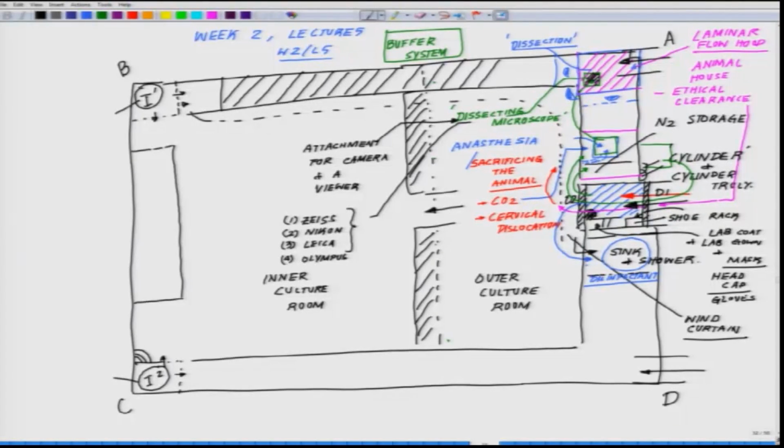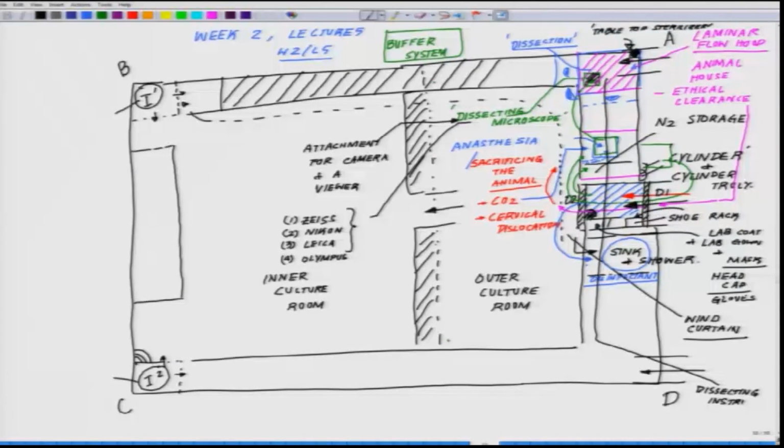In the corner, you prefer to have a tabletop sterilizer. What is a tabletop sterilizer? So, for dissection, you will be needing dissecting instruments. Okay.